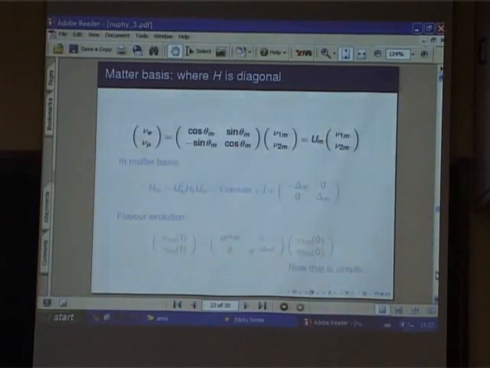See, remember in vacuum, I had written down the flavor state in terms of mass eigenstates. And then I had this mixing angle called theta, which was used as a rotation angle, this cos theta, sin theta. Now what I do is I introduce what I call mass eigenstates in matter.